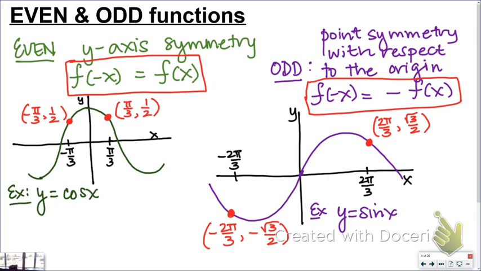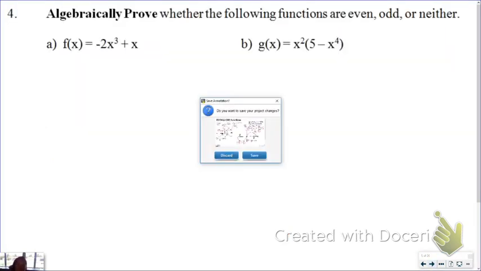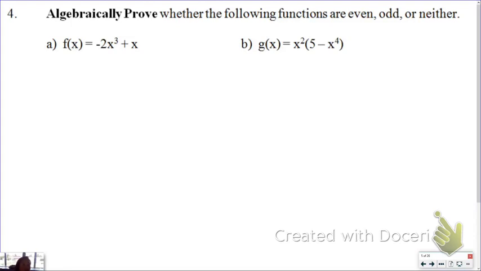Okay. So if you're asked to prove if two functions are even, odd, or neither, you want to do that algebraically if you have an equation. So you want to find f of negative x.